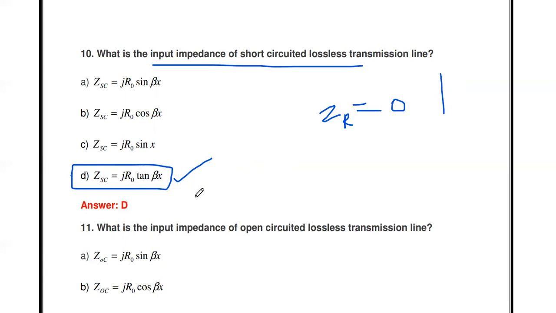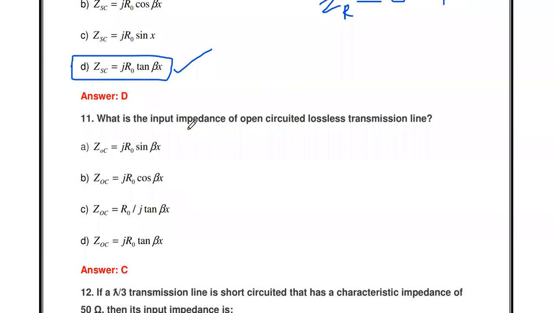Okay, so then the next question: what is the input impedance of an open circuited lossless transmission line? Okay, so for an open circuited lossless transmission line, the load impedance is equal to infinity.